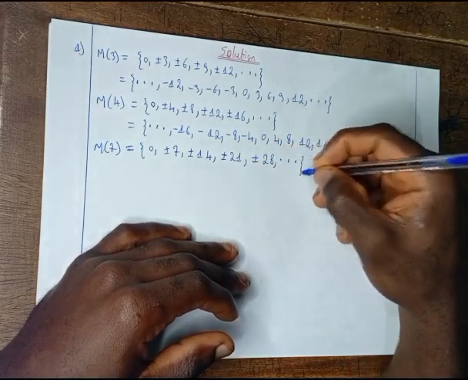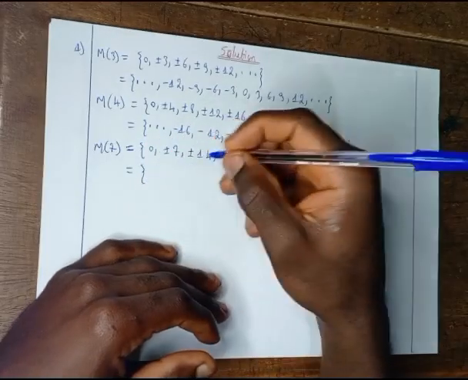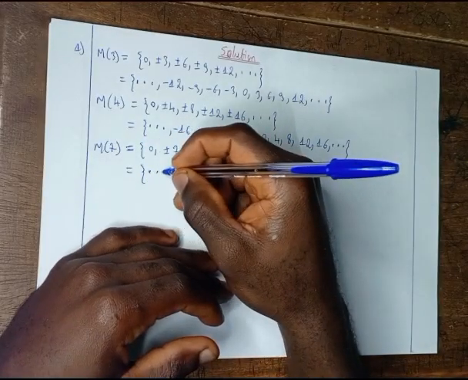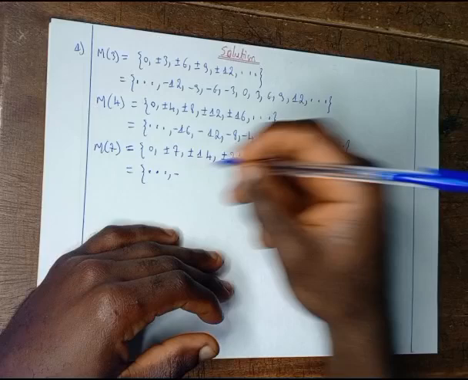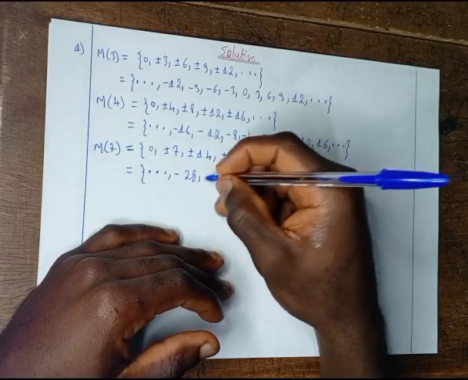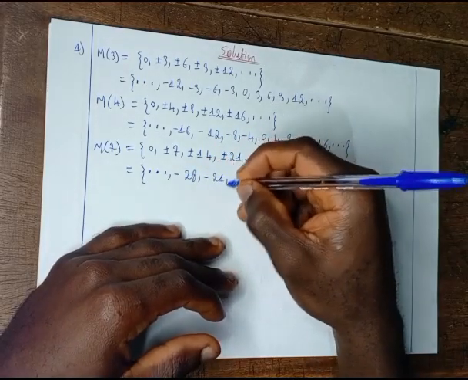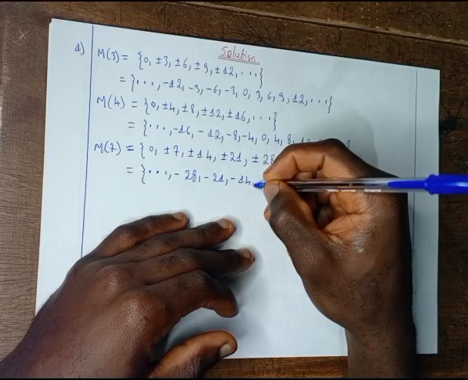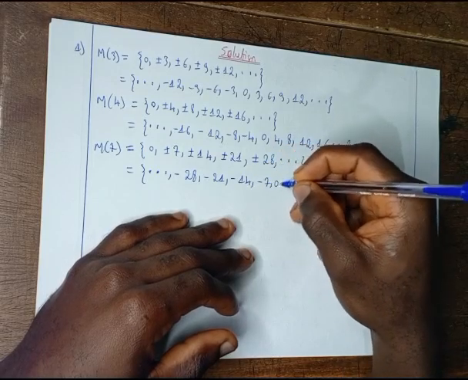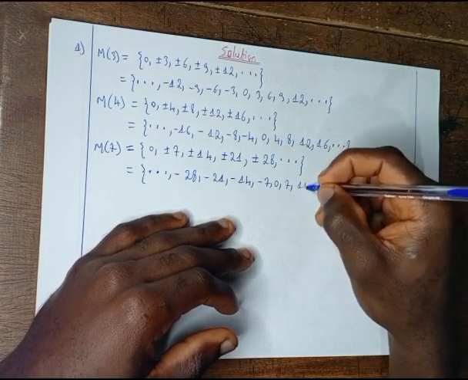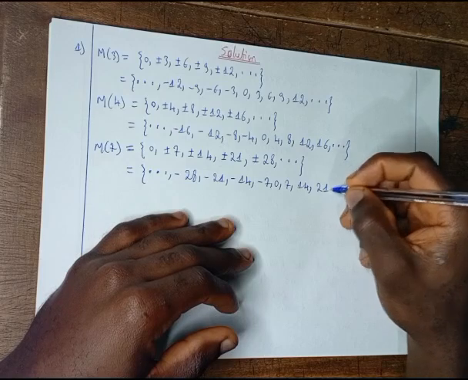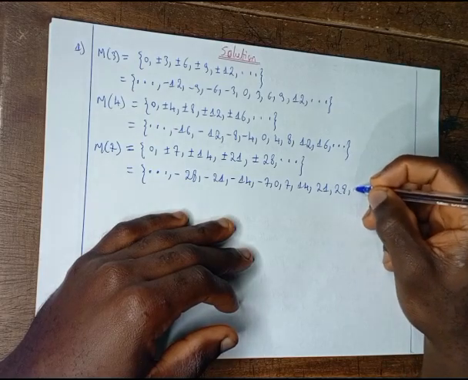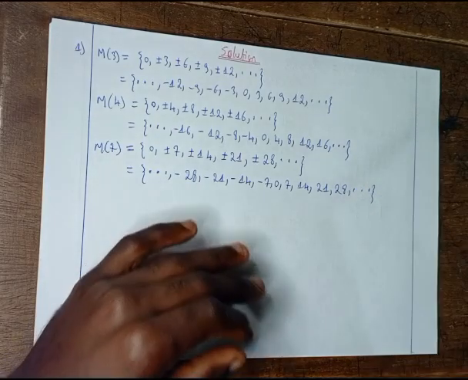With 3 dots, it is endless to the left hand side. We have negative 28, negative 21, negative 14, negative 7, 0, 7, 14, 21, 28. Then we end with 3 dots.